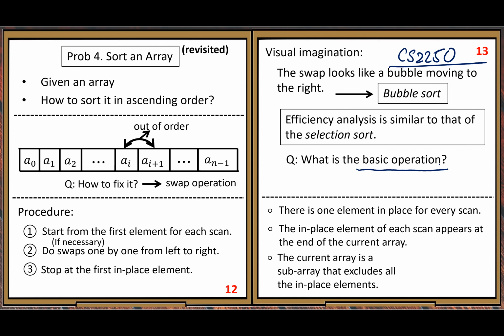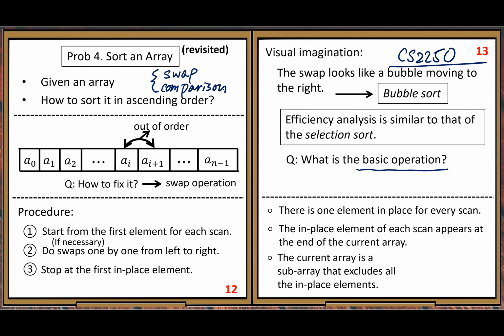Here you can consider two different types of operations. One is swap operation, another is comparison. You need to do comparisons, right? How do you know you have one inversion?